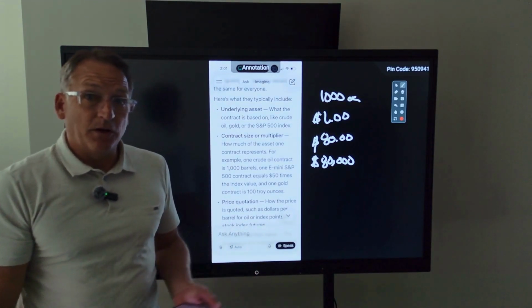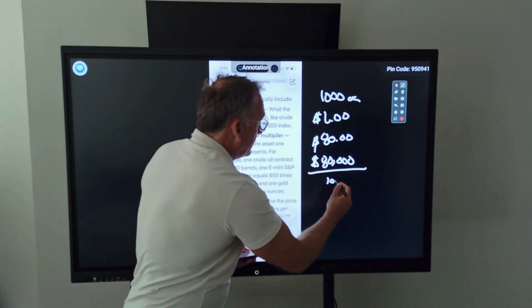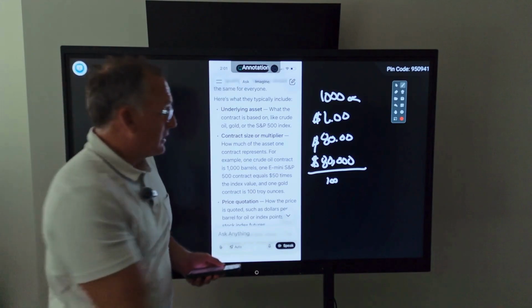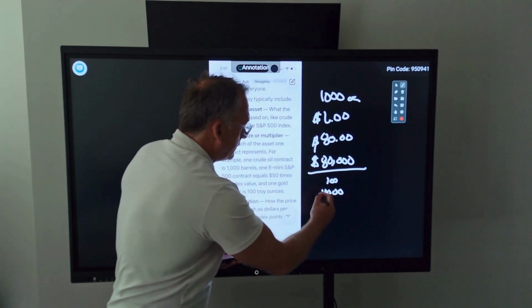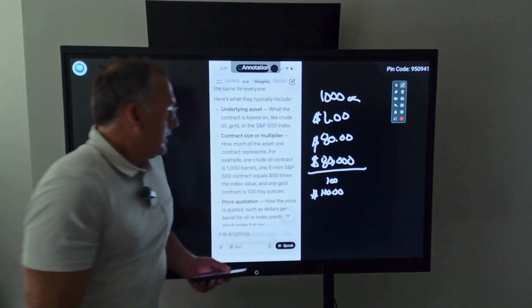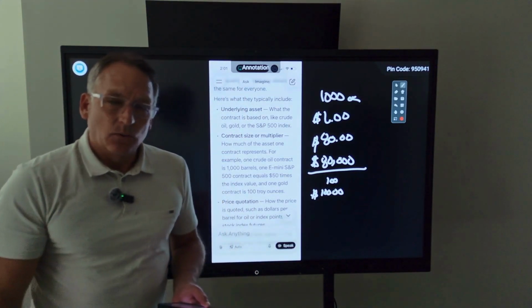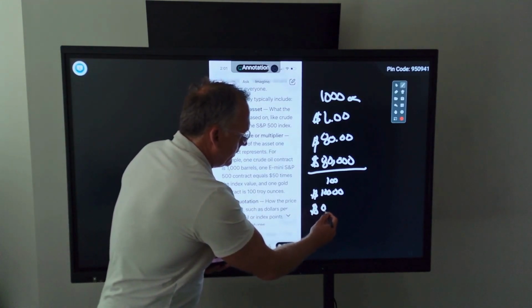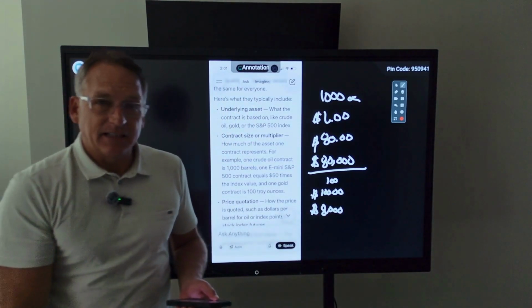Now, inversely, if you want to do the 100 ounce, so every dollar it goes up or down, it would be $100. Okay. Inversely, so if it's 100 ounces at $80, it'd be $8,000 worth of product. $8,000.